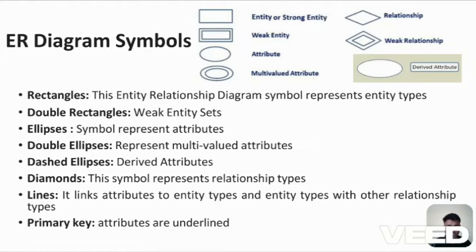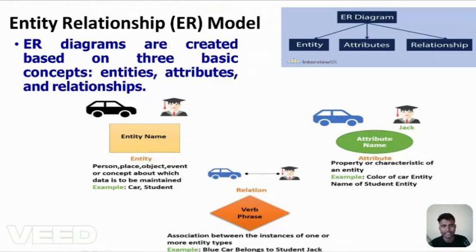So this was an example of a derived attribute, which changes with the period of time. Diamonds represent the relationship types. Lines link an attribute to an entity type, and an entity type to the relationship types. Primary key attributes are underlined.